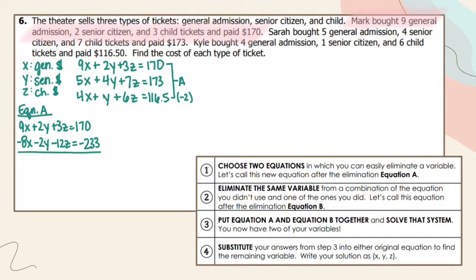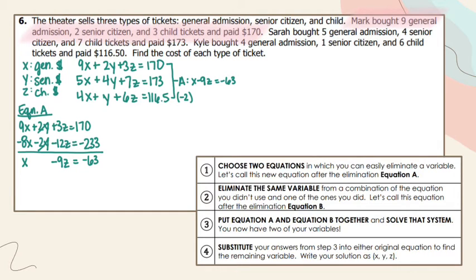Then we're going to add those together. So we get x, our y's cancel, 3 plus -12 is -9z, equals -63. So equation A is going to be x minus 9z equals -63.